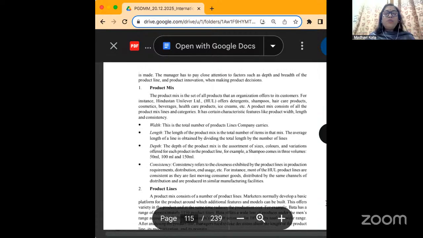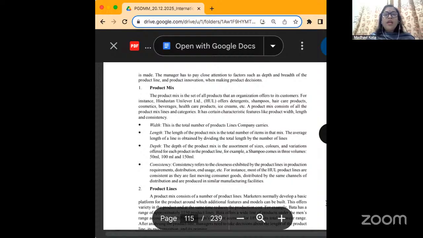So in terms of the product mix, let us try to understand the various aspects of a product mix. At a very basic level, the product mix is the set of all products that an organization offers its clients.